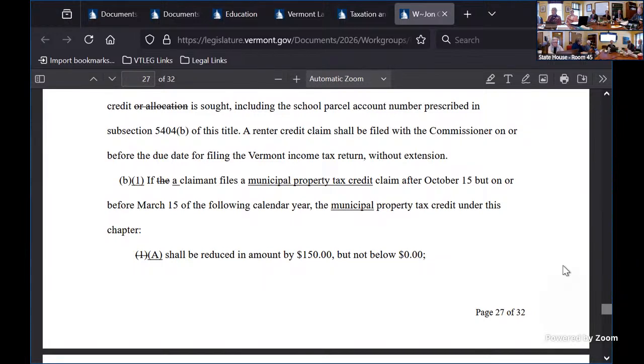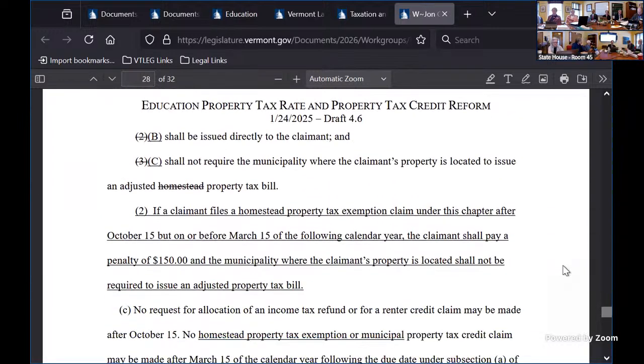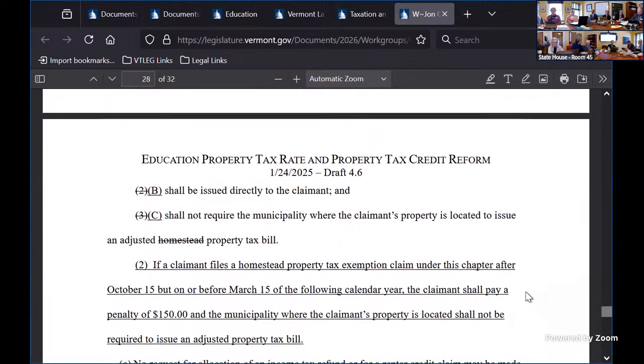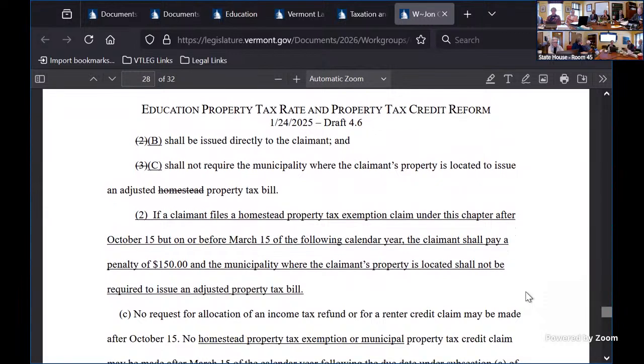They're receiving an exemption. What we see below is that if a claimant files, and we're talking about subdivision 2, if a claimant files a homestead property tax exemption claim after October 15th, but on or before March 15th of the following calendar year, the claimant shall pay a penalty of $150 because you don't have available that liability to reduce with a credit. They've received an exemption, and so they would actually pay a penalty for that late homestead exemption claim.